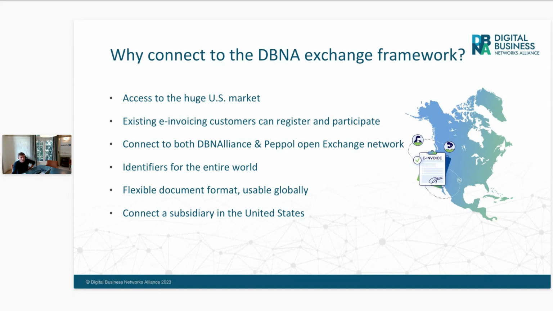You can use the same identifier that you already use on Peppol to register on the DBNA network. You don't even have to call your customer and ask for the identifier. You can just ask them, do you want to be registered on DBNA also? Is it important to you? And then we can register you on the DBNA network. It's as simple as that.